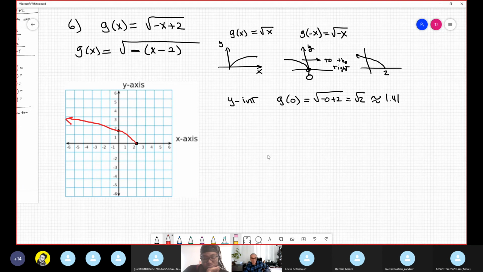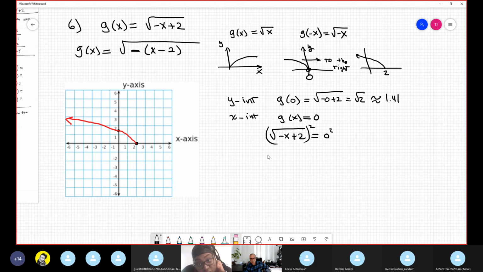Okay. And what about the x-intercept? Well, the x-intercept I did before. Is g of x equal to 0. Who is g of x? g of x is square root of minus x plus 2 equal to 0. Basically, the only thing you should do is solve this radical equation. But it's extremely easy because when you square both sides, it's minus x plus 2 without the radical equals 0.